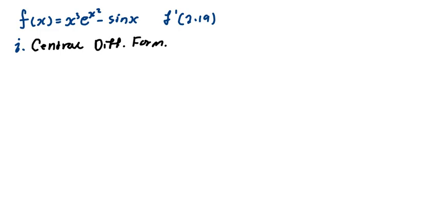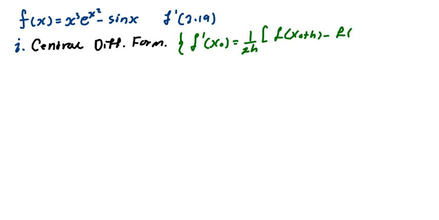The formula itself is given in the form f prime of x naught is equal to 1 over 2h, times f of x naught plus h minus f of x naught minus h.